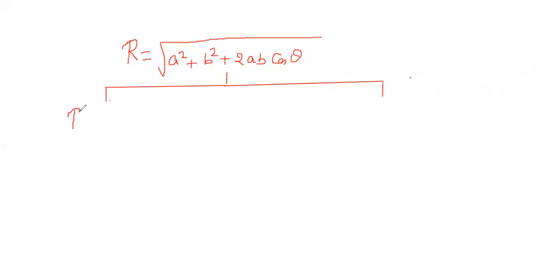For the maximum value of R, cos theta will also be maximum. What is the maximum value of cos theta? Cos theta equal to 1. In this case, theta equal to 0 degree. 0 degree means A and B are parallel to each other.